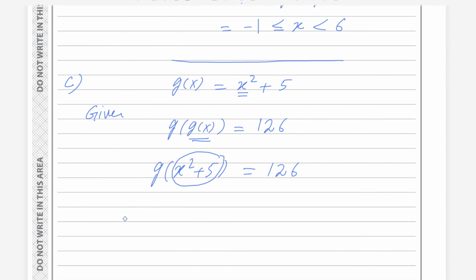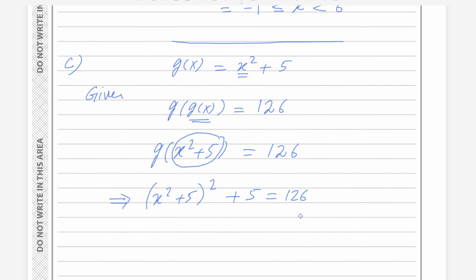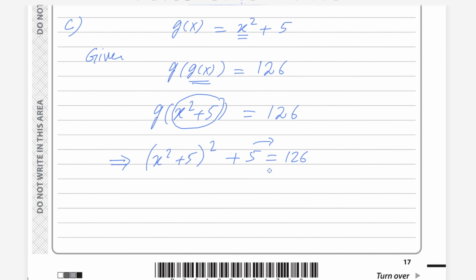Implies that x squared plus 5, we are using x as x squared plus 5, because it is a square, so it will be a square here, plus 5 equals 126. This 5 goes to the right side, it becomes minus, so x squared plus 5 whole square will be equal to 121. We want to get the value of x, so take the square root of both sides to get rid of this square, and it will be equal to x squared plus 5.